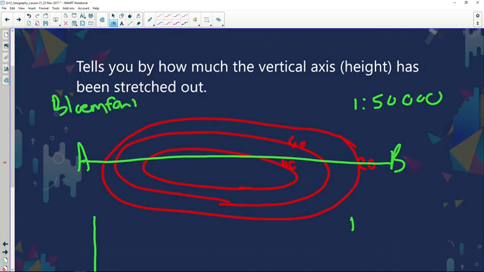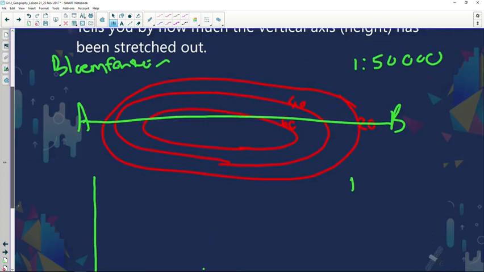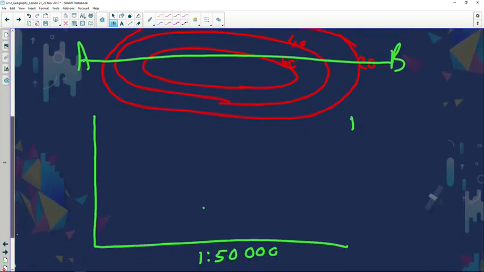And I ask you to construct a cross-section from A to B on this 1 to 50,000 map of Bloemfontein. Then you will be provided with graph paper, and your horizontal scale is the 1 to 50,000 map.